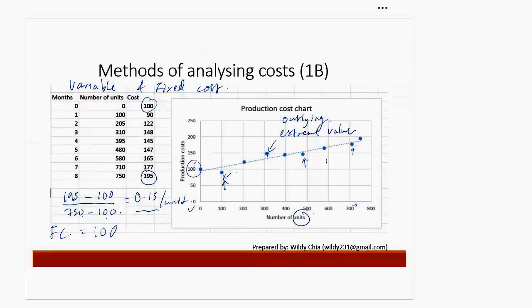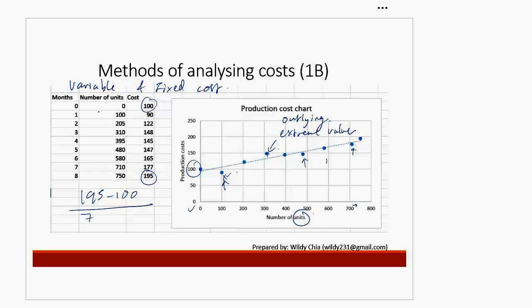Next is how we actually apply the high-low method on this example here. To apply it is quite straightforward. Let me demonstrate. The steps are extremely straightforward. Take the highest cost, which is 195, minus the lowest cost, divided by the highest activity level, 750, minus the lowest activity, which is 0.